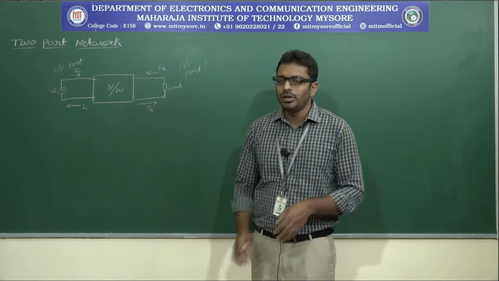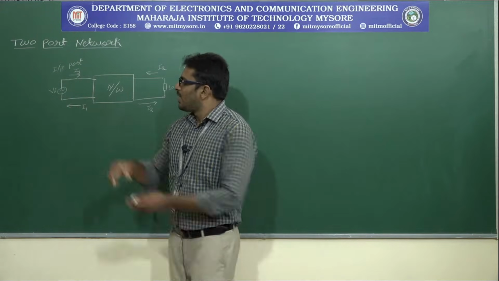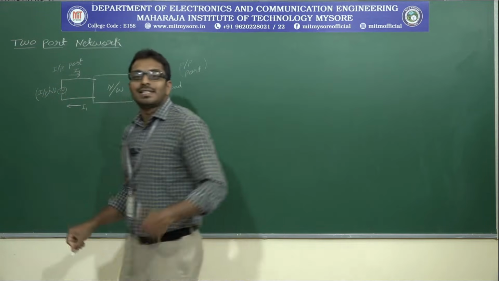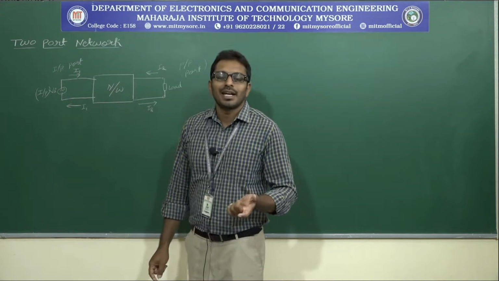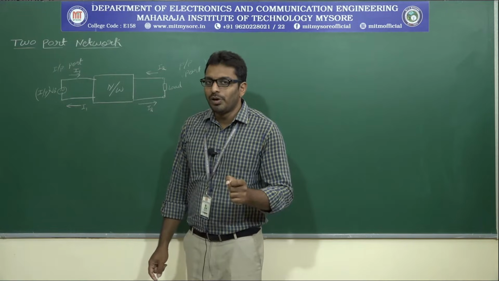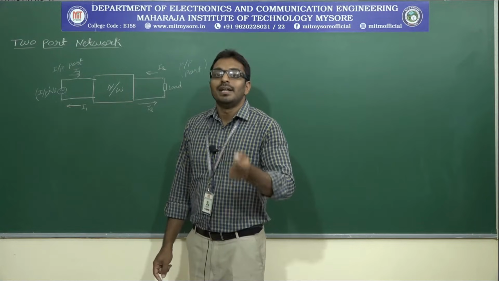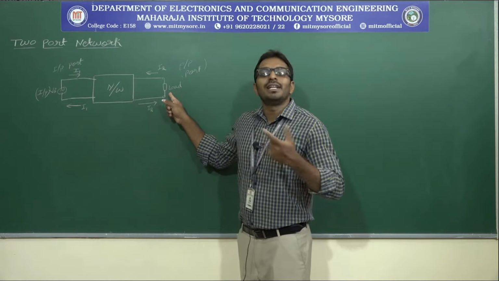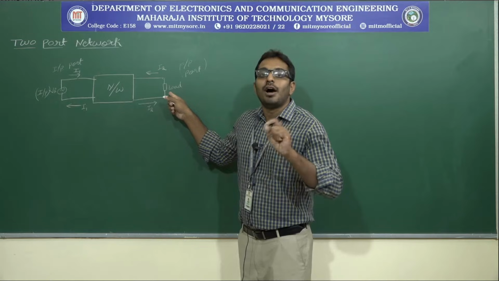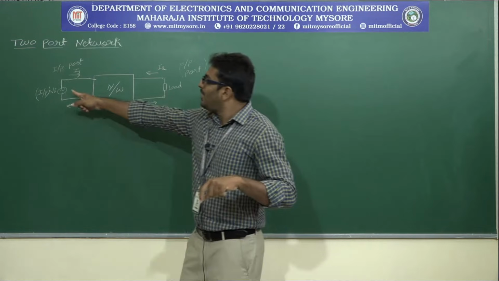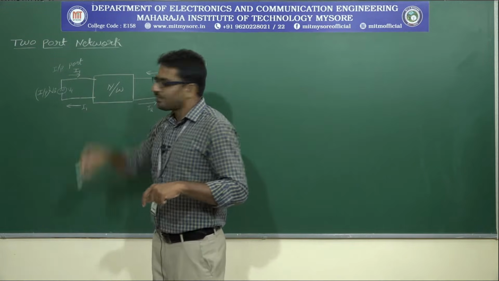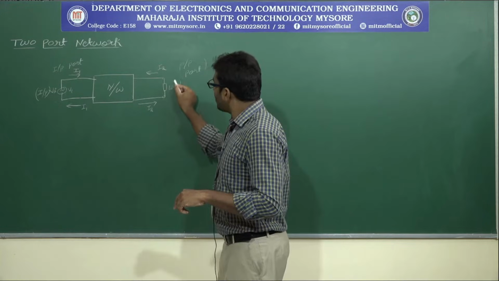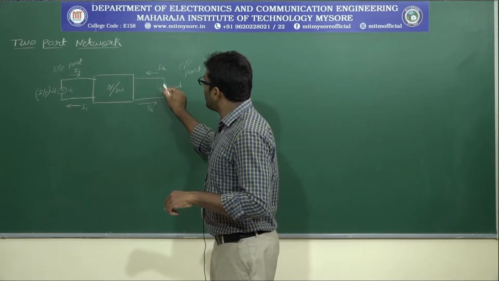Out of these two ports, the port to which the input or supply is connected is known as the input port, also known as the driving port. The port to which the load is connected is known as the output port. The supply voltage is nothing but V1. The voltage across the load is nothing but V2.